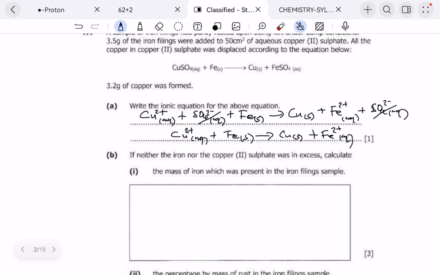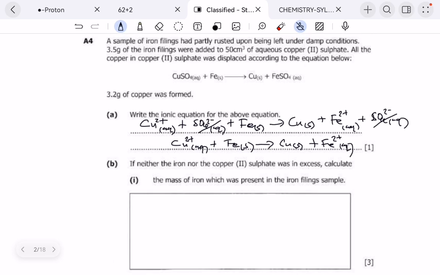Then we are given 3.2 grams of copper as what was produced. To find the mass of iron, it's very simple. Using the law of conservation of mass, provided the equation is balanced, you just get iron and you get copper and find their relative atomic masses.